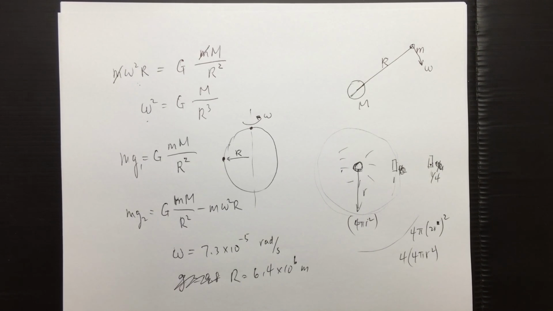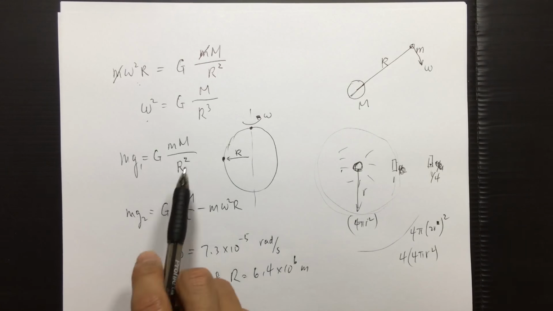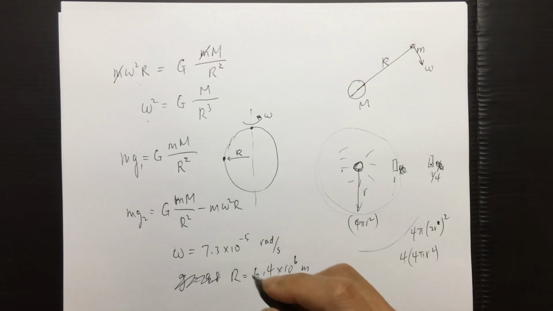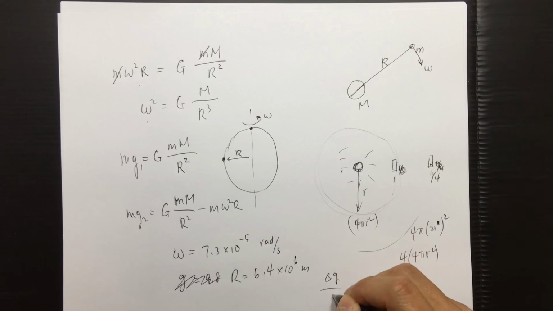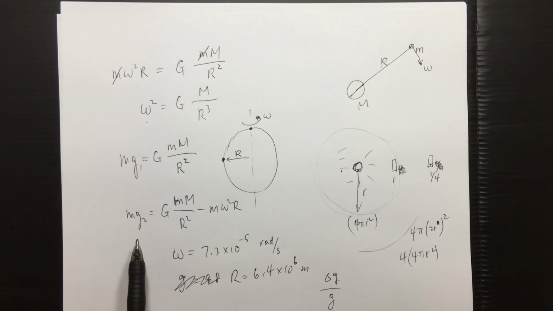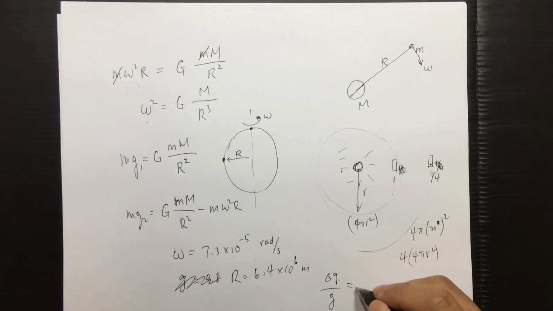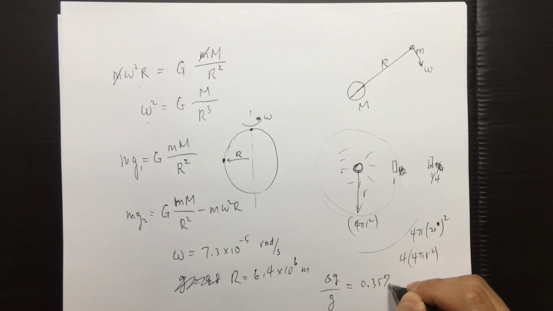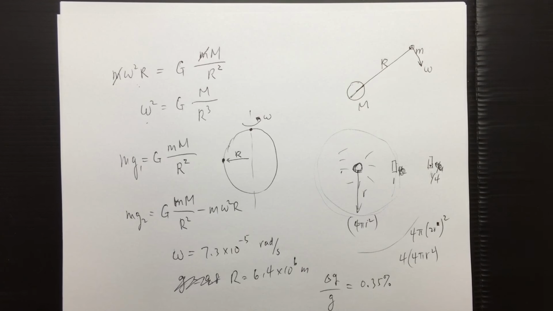So you can put these numbers in and calculate what g1 and g2 are. And you get the difference of these two g's divided by g is about 0.35 percent.